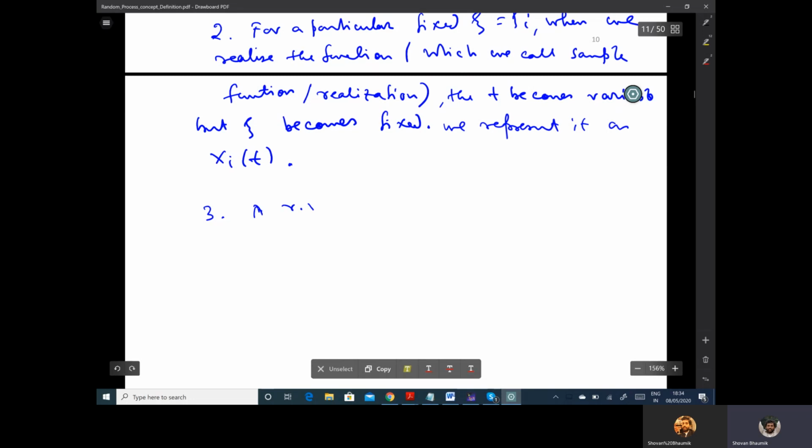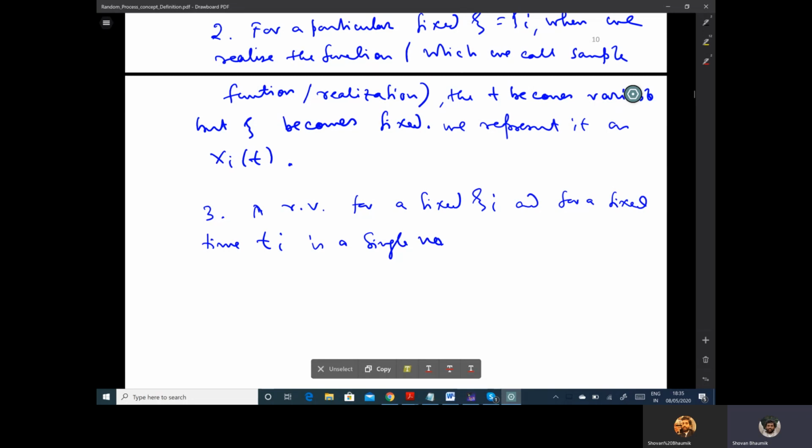A random variable for a fixed experimental outcome zeta_i, and for a fixed time t_i, is just a single number, because we fix the zeta, that means the ensemble number or the experimental outcome, and then we fix the time.